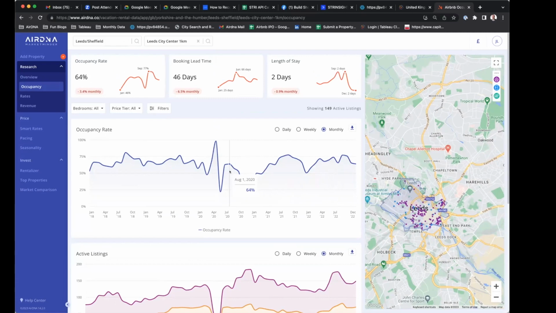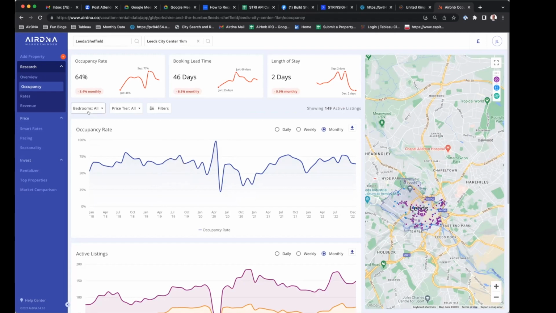And the filters are where I suggest people really dig in at the beginning, because ideally you're looking to find how am I going to operate, if you're looking to make a new investment into the market, or if you're already operating, how am I performing relative to my competition. So let's say I'm already in there, and now I want to find some really good benchmark statistics to compare how I'm doing compared to some of the others in the market.